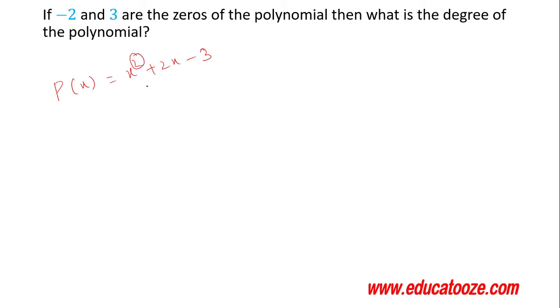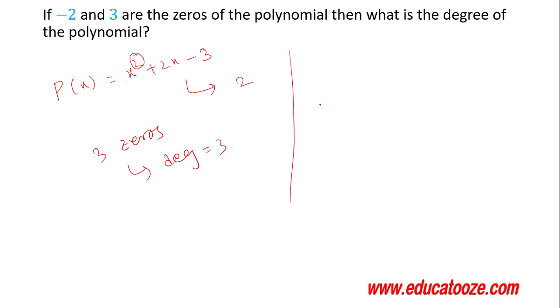That means we can find the zeros of this particular polynomial, and the number of zeros will be 2. If the degree is n, then there are at most n zeros, not more than that. If there are two zeros, then the degree will be 2. If there are three zeros, then we can say the degree will be 3.